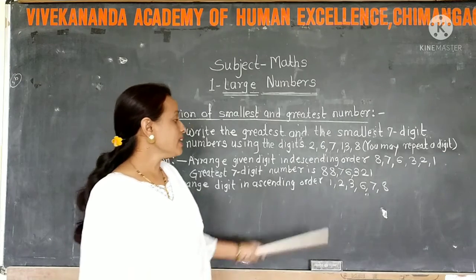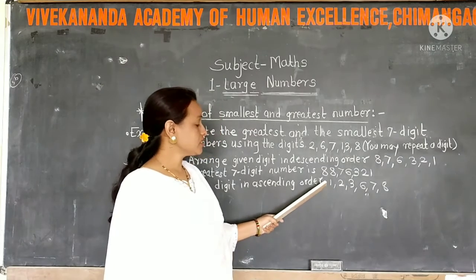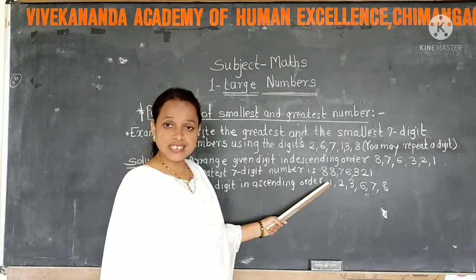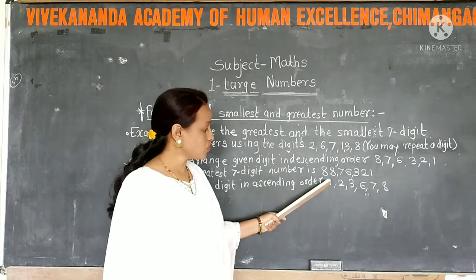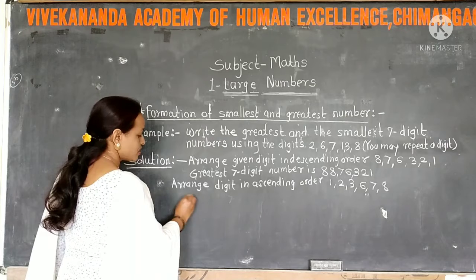Now here the smallest digit is 1. So to make a smallest 7-digit number, we have to repeat digit 1. So we get here the smallest 7-digit number.